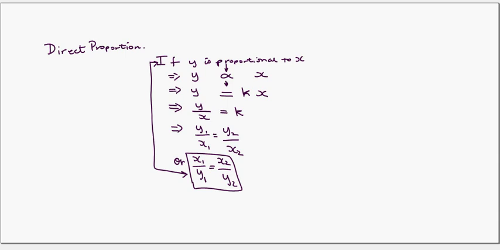So if y is proportional to x, we'll use x1 over y1 is equal to x2 over y2. And I'll give you an example on how we use it in the next step. This is what you really have to know. If y is proportional to x, you have to know this relationship. And we'll see how it works in the example that I'll give you.